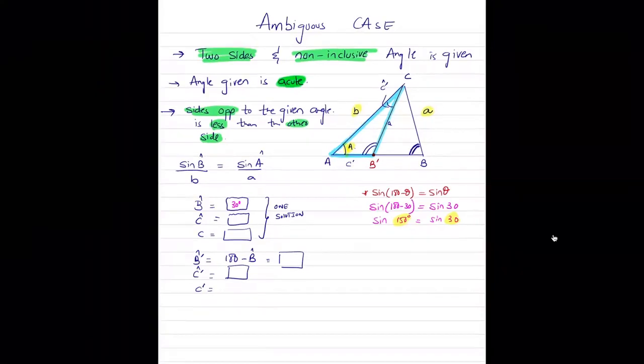Exactly right. So to find this, you can again use the sine rule. How will I use it? Sine of angle C dash upon C dash is going to be equal to sine of angle A upon A. So from here I can find C dash.